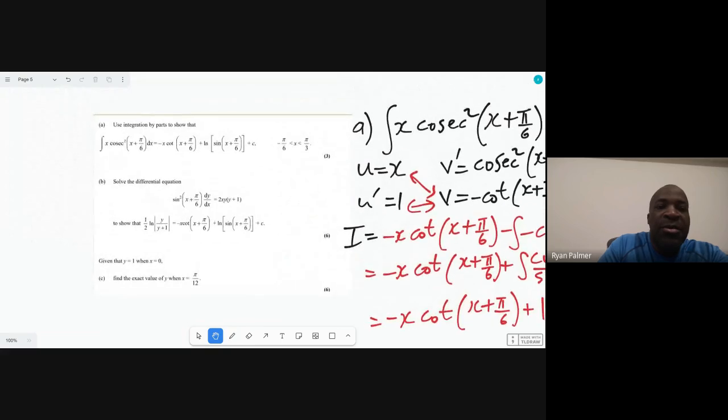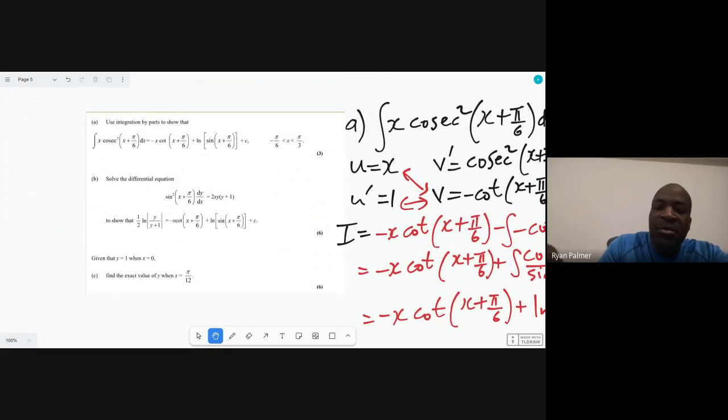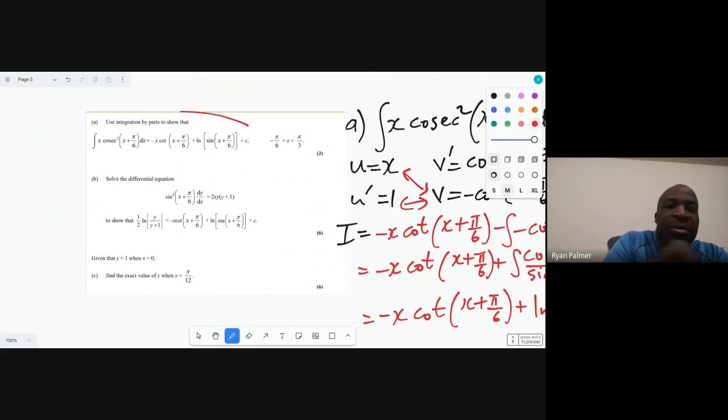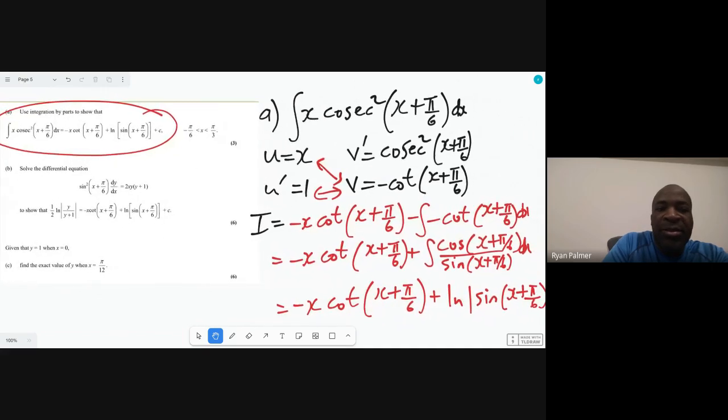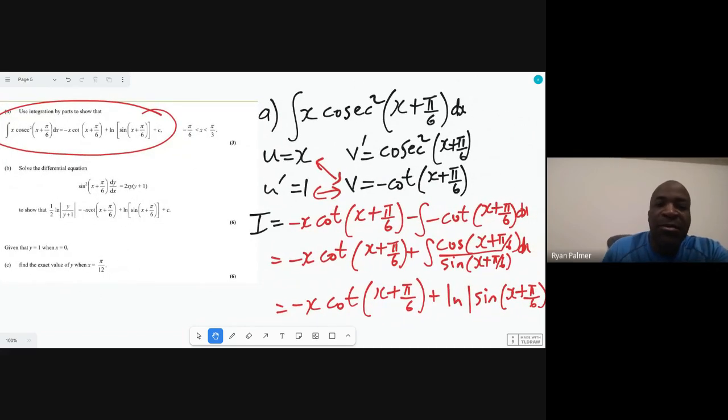If we now check our results, we note that this is now satisfied. So our answer is exactly the same as what is required.